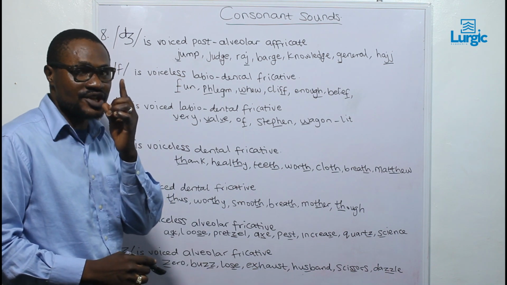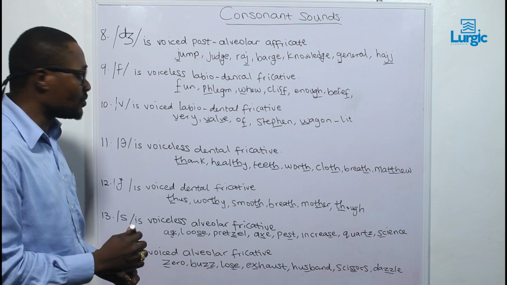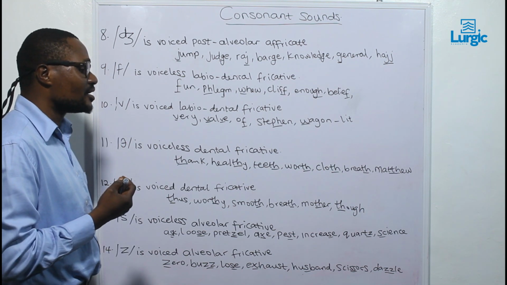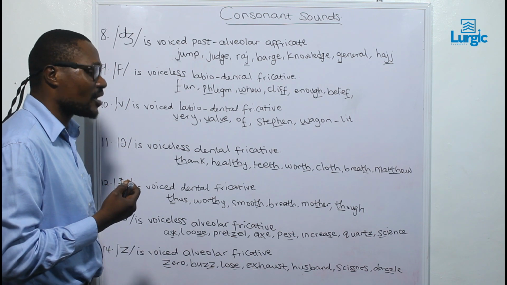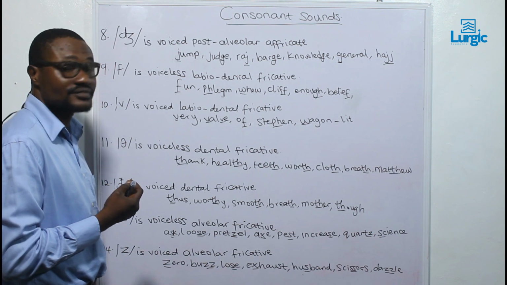So you can see the upper teeth and the lower teeth, the tongue is in between them. So we have think, healthy, teeth, wolf, cloth, breath, Matthew.